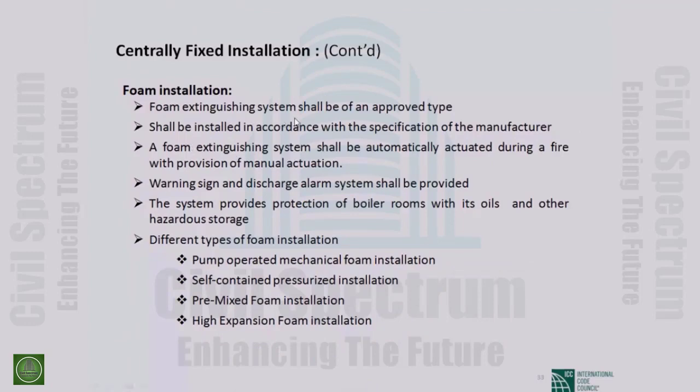Foam extinguishing system shall be of approved type, shall be installed in accordance with the specification of the manufacturer. A foam extinguishing system shall be automatically actuated during a fire with provision of manual actuation. Warning sign and the discharge alarm shall be provided. The system provides protection of boiler room and other oil and other hazardous storage. The different types of foam industrials are there.